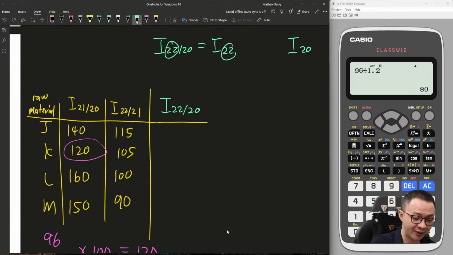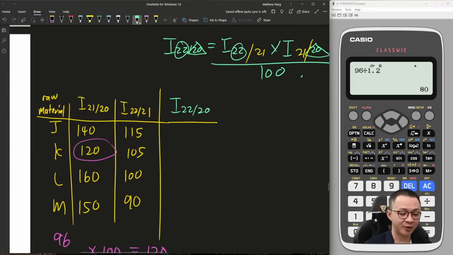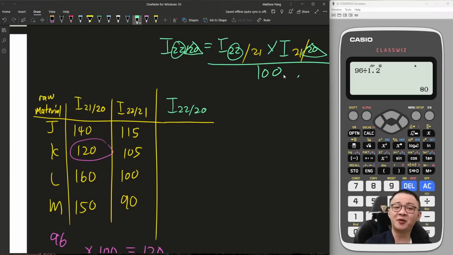These two numbers must be the same, and the middle must be the same year, which is 21 and 21. Then we multiply them and divide by 100. Basically, index number for 22/21 multiply index number for 21/20 divide by 100. That's all. So it's quite easy.